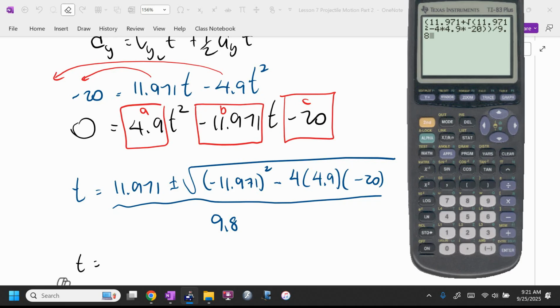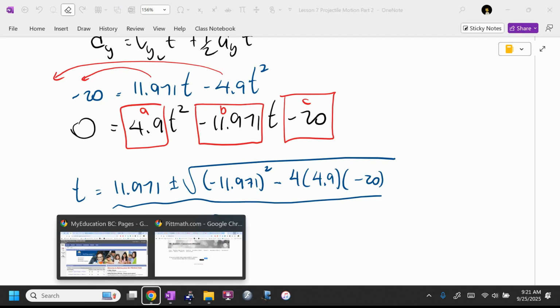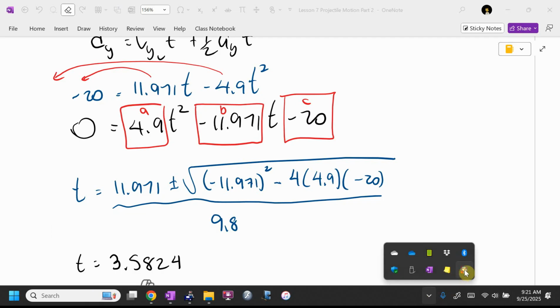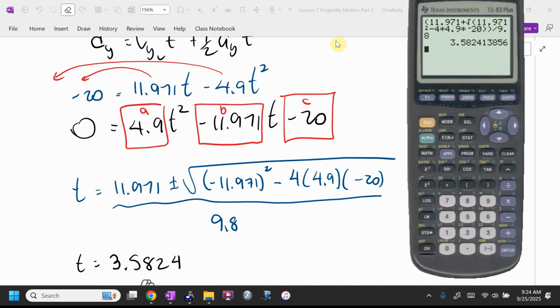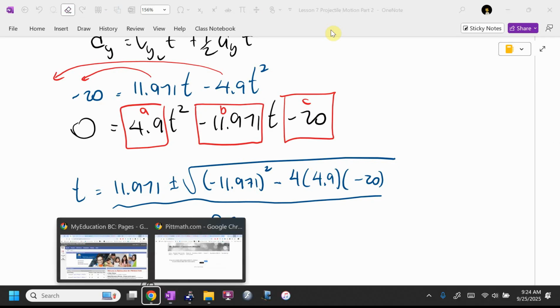Is the first root 3.5824? I need some nods from the solvers. Did you get the same thing? Don't clear your calculator, please. So you get 3.5824 seconds, and then you also get a negative root.